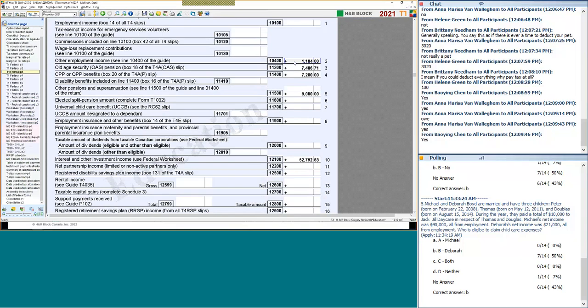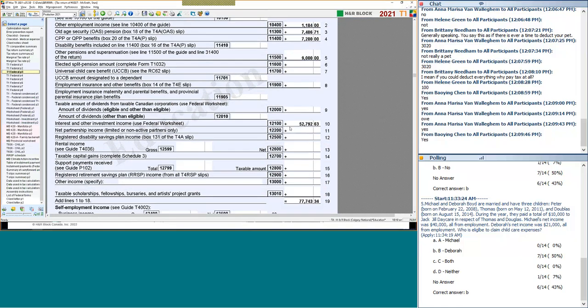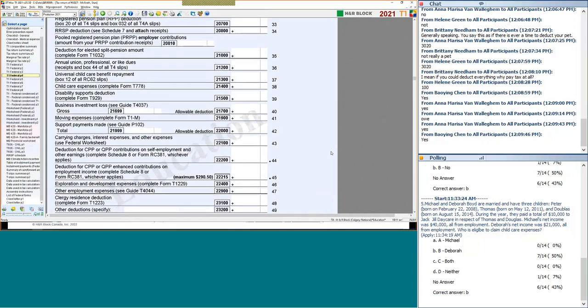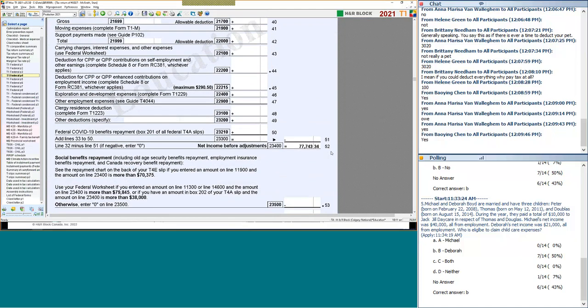He's going to have other employment income, that's the research, old age security, CPP, pension, and then a whole lot of interest. And we're going to get down to total income, $77,743. That number is very close to the one that I start thinking about clawbacks, losing age amounts, losing all kinds of things. So in my head, I'm going, I need to be careful here. So $77,743, what can we deduct against it? Well, nothing.